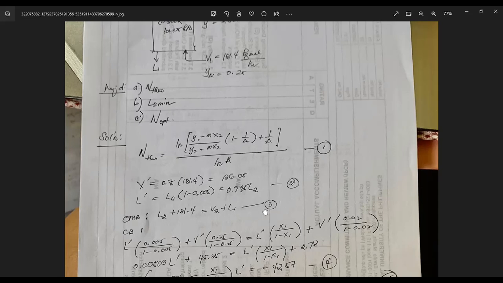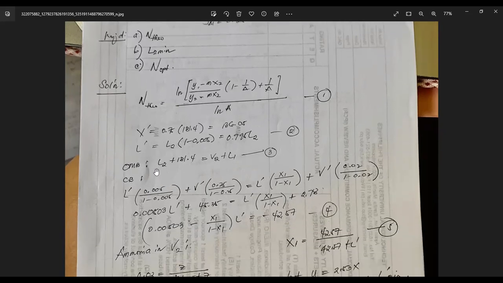Now, if you do overall material balance, your L2, your solvent, plus your feed gas should be equal to the amount of gas that leaves your column and the amount of solvent that leaves your column as well. Now, if you use component balance using inert streams, you have here L prime, V prime. They're all the same. The L prime here and the L prime here are the same, and this V prime and V prime here are the same.